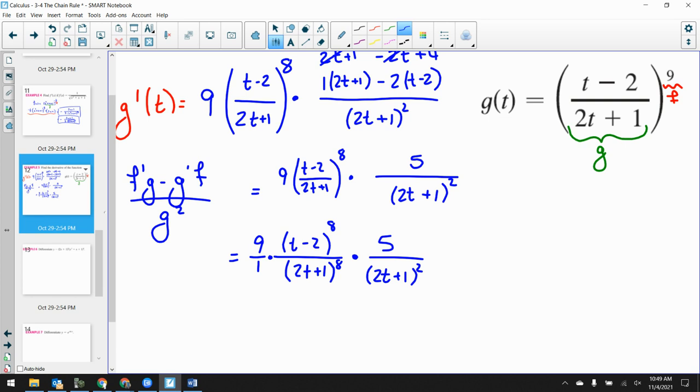Multiply all the way across on top, gives me 45 times t minus 2 to the 8th divided by 2t plus 1 to the 10th. Because I have 2t plus 1 to the 8th times 2t plus 1 to the 2nd. Same base, I can just add the exponents.